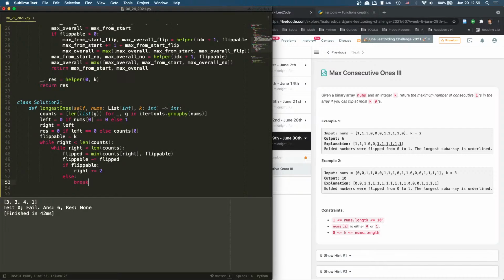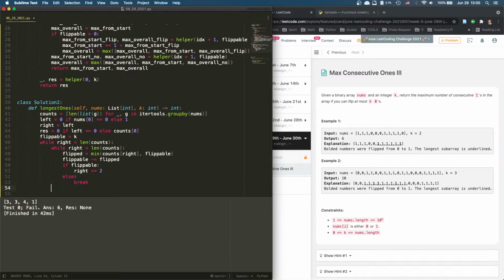So basically we say the right gonna keep going on. So we flip, if they're still flippable, then right moves 2 positions, goes to the next 0 and tries to flip. If not, then we get out.